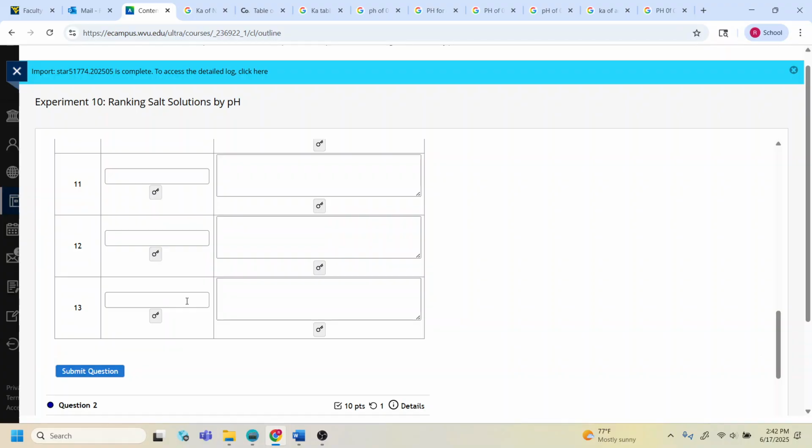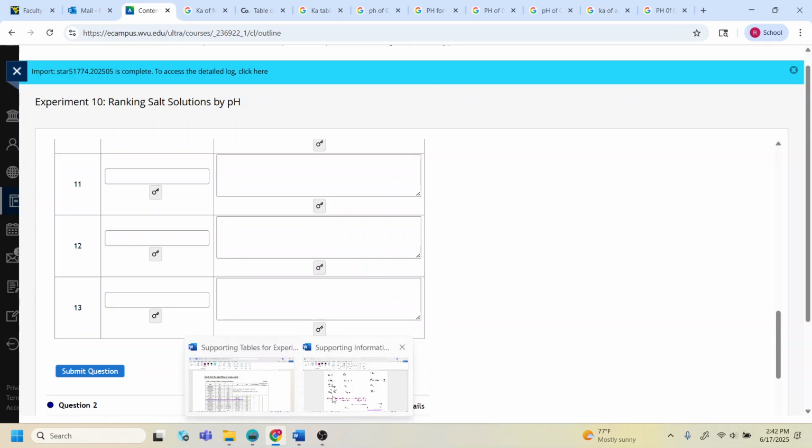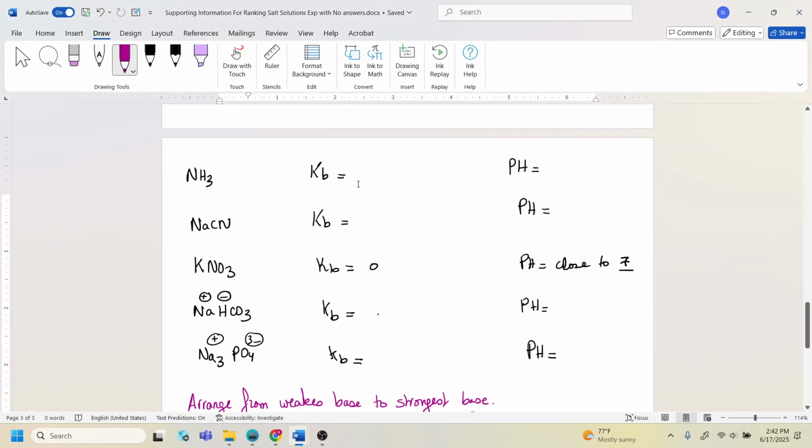If it's a strong base, you guys, since the Kb is infinity, it undergoes 100% dissociation. So in your explanation, you have to state that this is the strongest base based on its Kb value, based on its pH, which is 13, so it undergoes 100% dissociation. All the other bases that are listed, if they have a value to the negative, then these are considered to be weak bases.